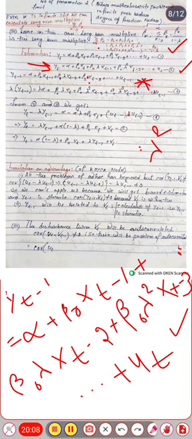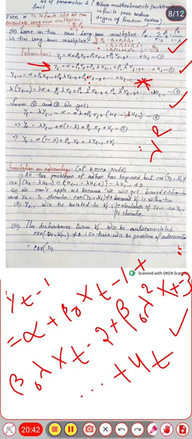If we multiply both sides by lambda, we get equation 3: lambda yt minus 1 is equal to lambda alpha plus beta naught lambda xt minus 1 plus beta naught lambda square xt minus 2 plus beta naught lambda cubed xt minus 3 plus up to lambda ut minus 1.